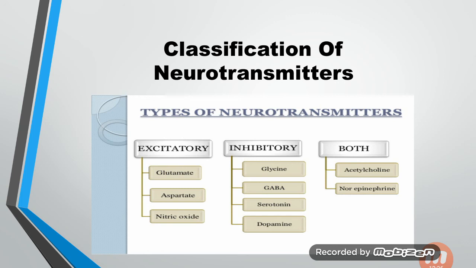Neurotransmitters that cause increased membrane permeability to sodium and thus trigger nerve impulses include acetylcholine. It is an excitatory neurotransmitter of the peripheral nervous system. Serotonin and dopamine affect sleep, mood, attention, and learning.